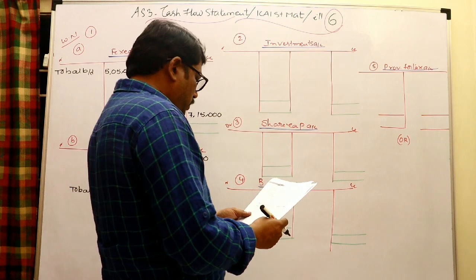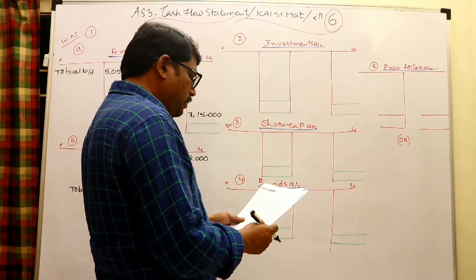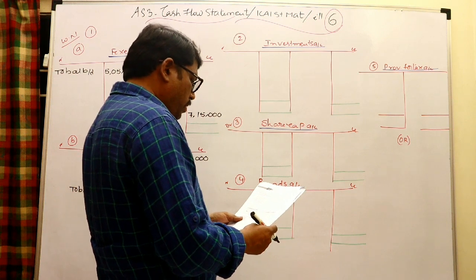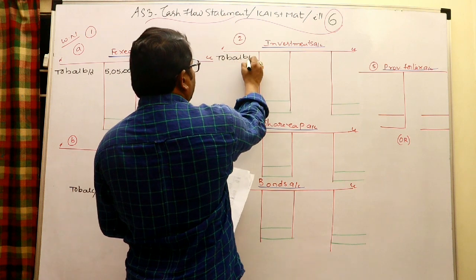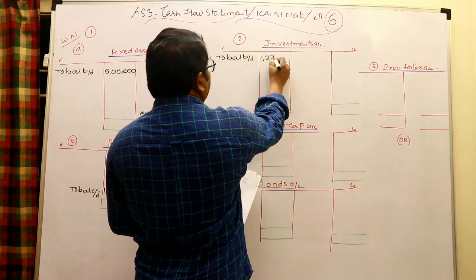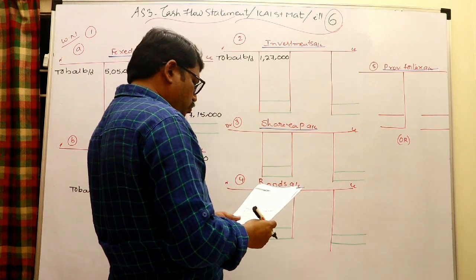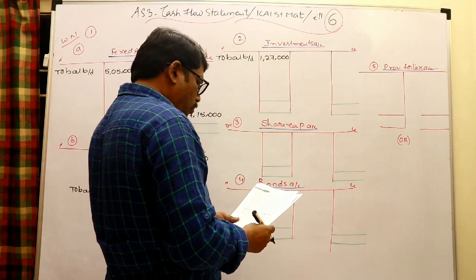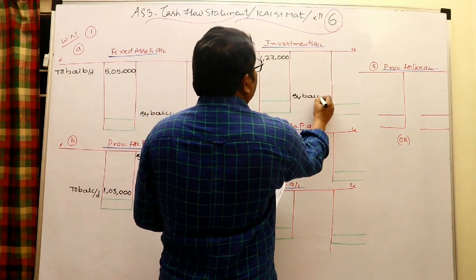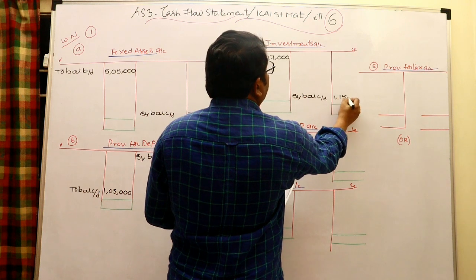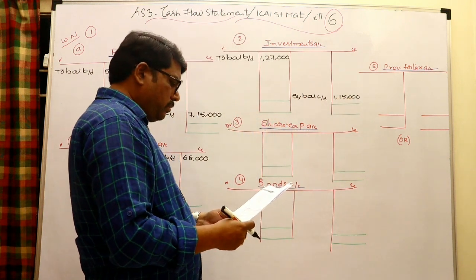So investments given: opening investment, an asset, always a debit balance, opening given 1,27,000. Investments opening 1,27,000, closing 1,15,000.